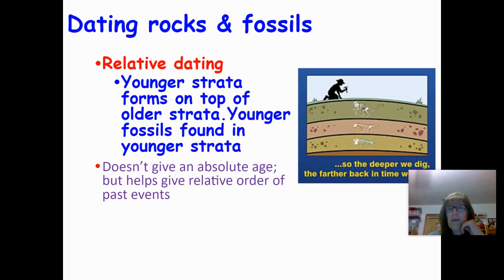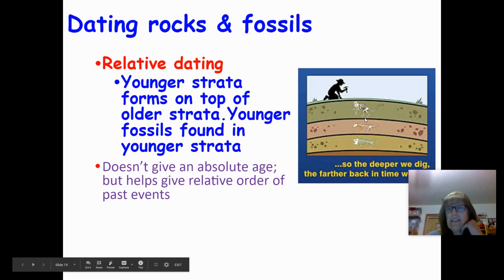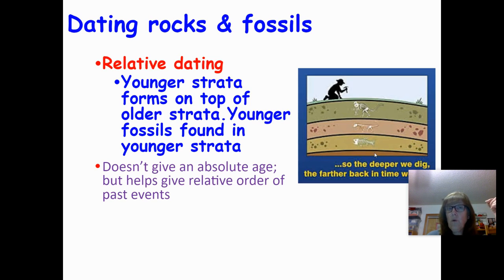And relative dating, basically what we're doing is we're looking at the layers of rock. We know that the deeper the layers are, the older those fossils are going to be. The closer to the surface, the younger those fossils are going to be. Now, it doesn't really give us any idea of how old those layers are. If we were just to go out and look for them, we wouldn't be able to say, oh, look, that layer is light tan, so that means that they are 3.5 billion years old.